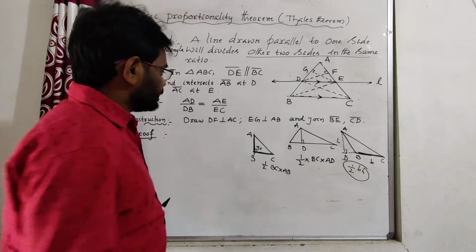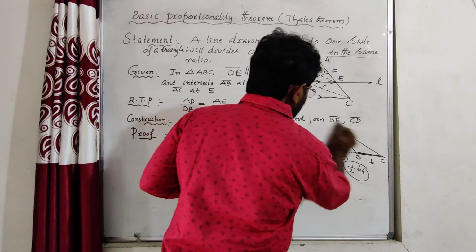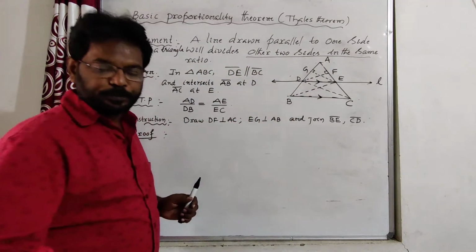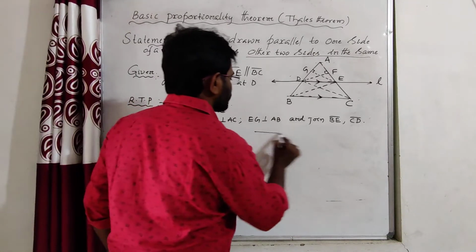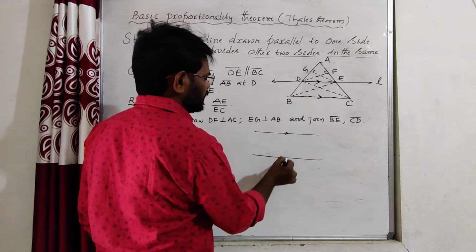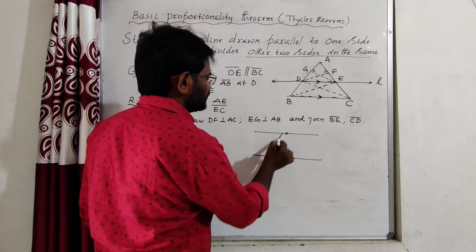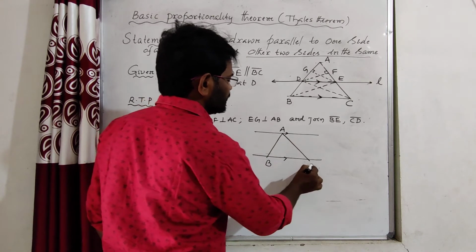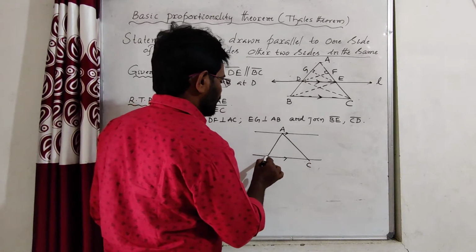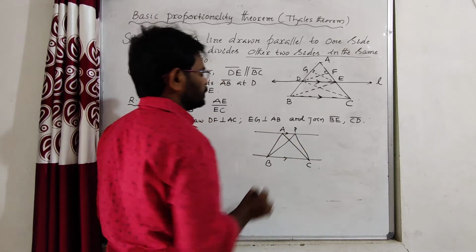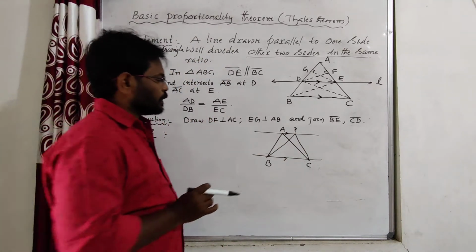And moreover, I am explaining to you what tools we use in this proof. See, these are two lines which are parallel. This is a triangle ABC, and one more triangle I am taking, PBC.